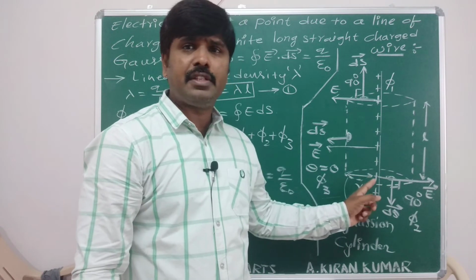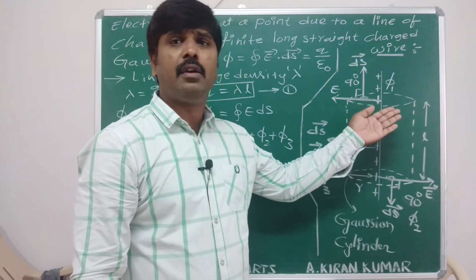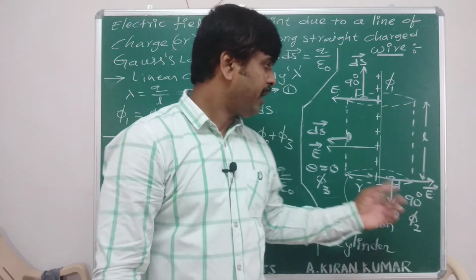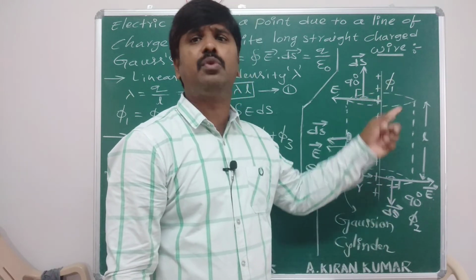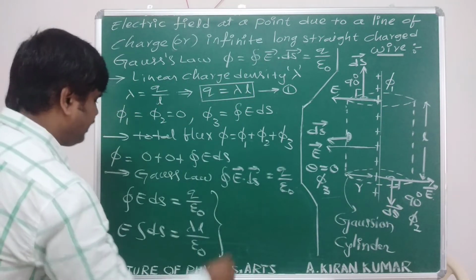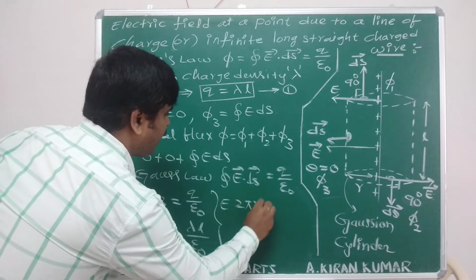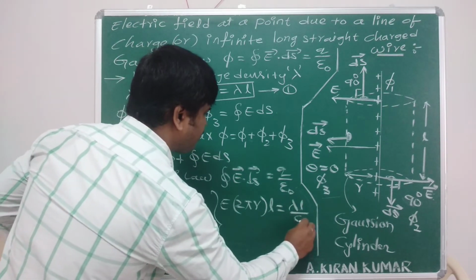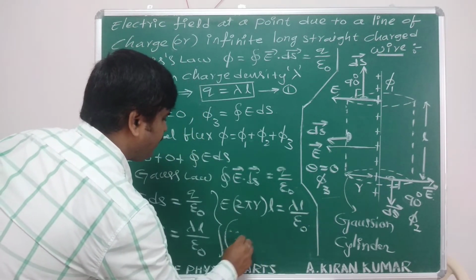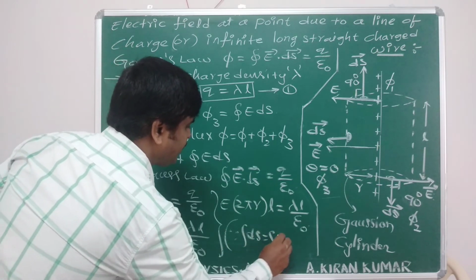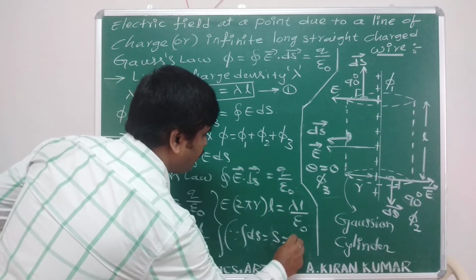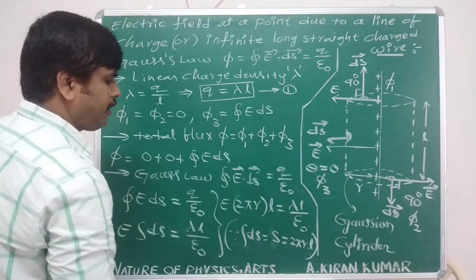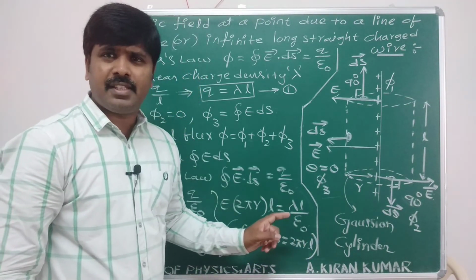The circumference is 2 pi r and the height is L, so the total surface area we get is 2 pi r into L. So we get E into 2 pi r into L equal to lambda L divided by epsilon naught, where the integral of dS is S, which is equal to 2 pi r into L. Try to understand this.